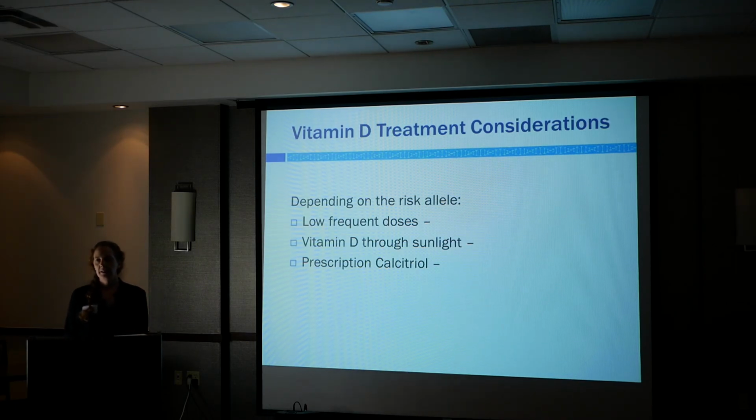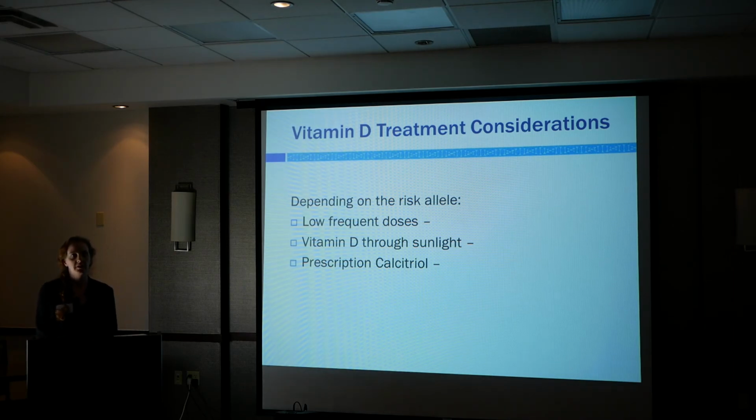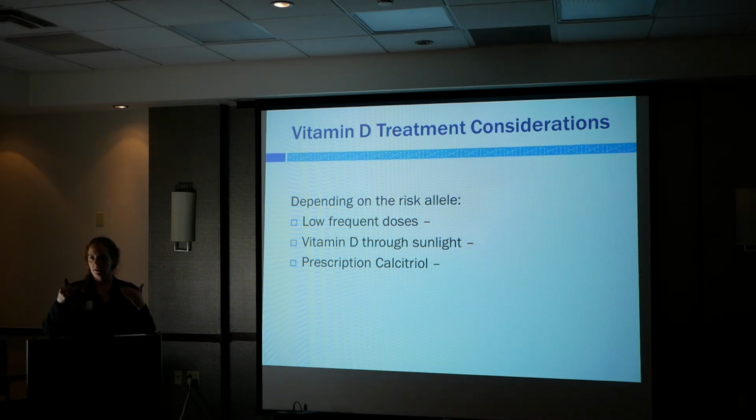So what are some treatment considerations? Depending on the mutations, a lot of these mutations where you have a slow enzyme or it's not binding to the transportation mechanism very well, there's not a lot of research to say supplementing exactly this way is going to bring it up. We need more research on that.